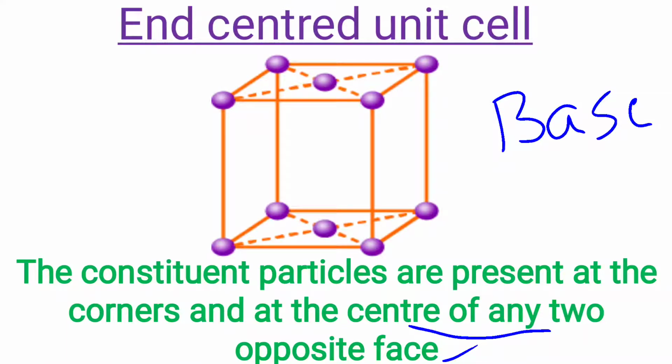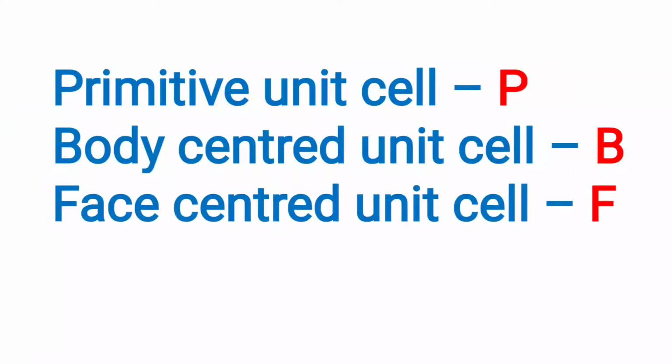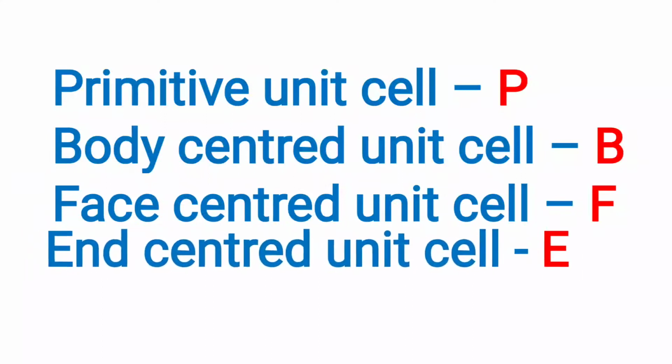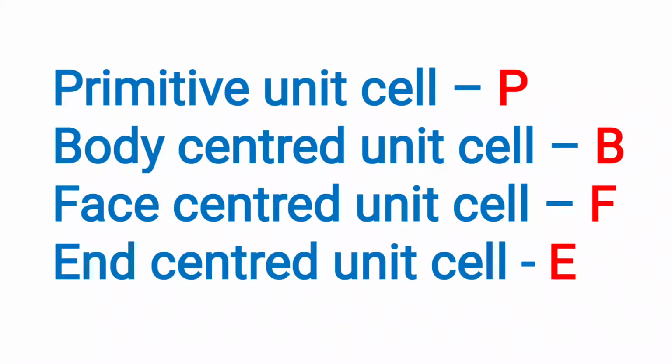We spoke about it based on the position of constituent particles. Now, for our ease of understanding, I'm going to denote primitive unit cell as P, body-centered unit cell as B, face-centered unit cell as F, and end-centered unit cell as E. This is for our ease of understanding the next part.